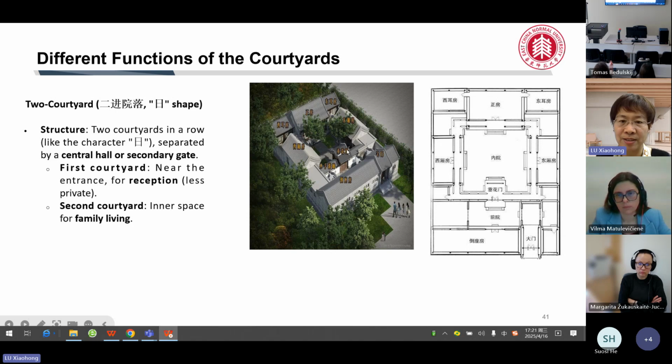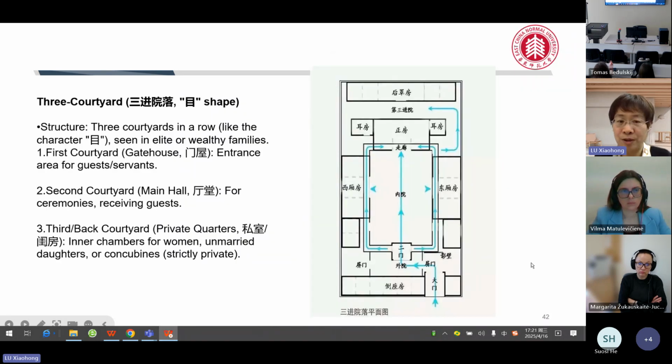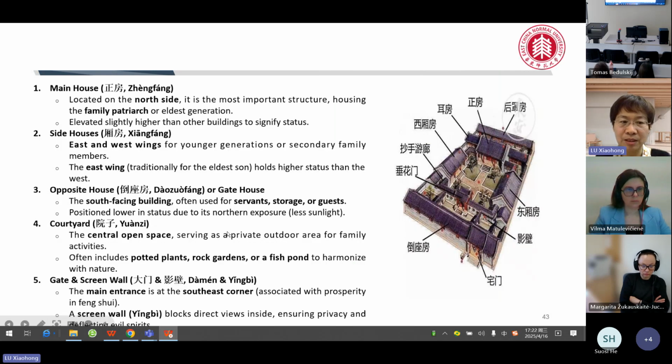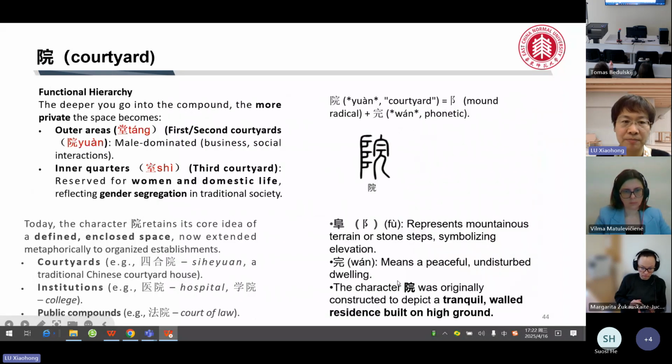And a big family has three courtyards, in the shape of Mu. For the Mu, you have the door, then the main building, Ting Tang, and then the private shi. So first Tang, and then shi. This is what we have just mentioned.